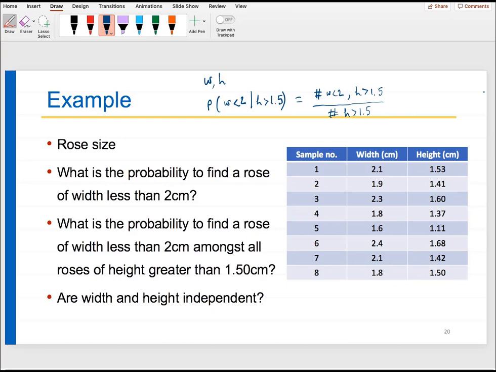Right? So in a way, the numerator is the joint distribution and the denominator is the marginal distribution.